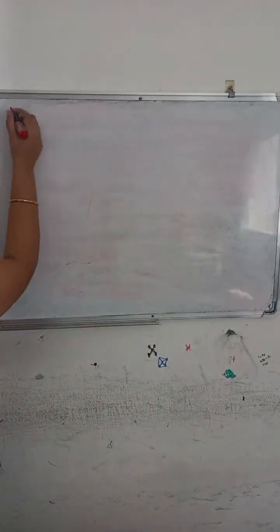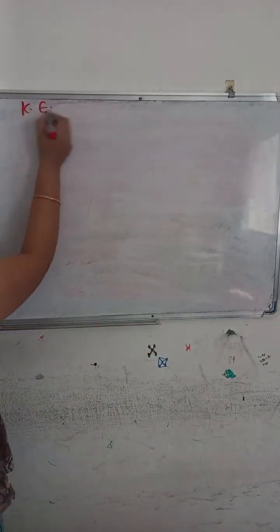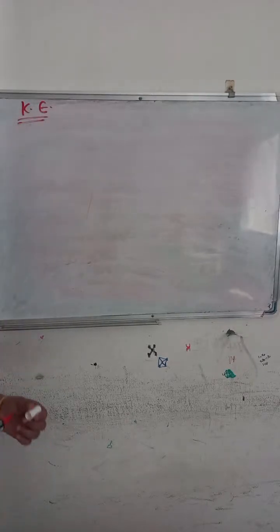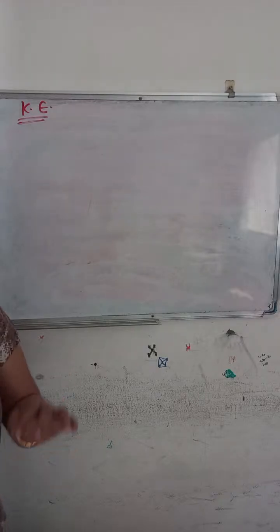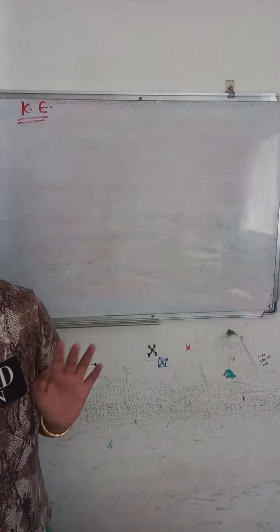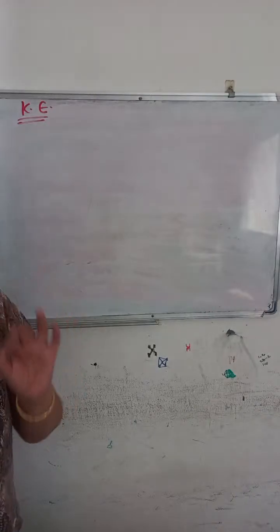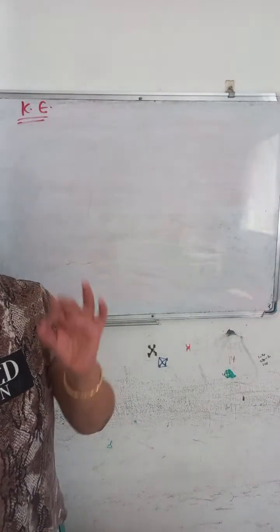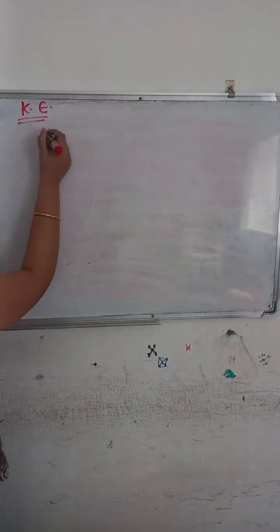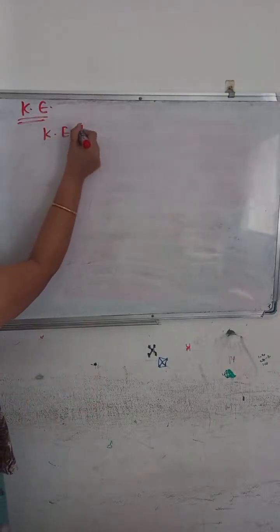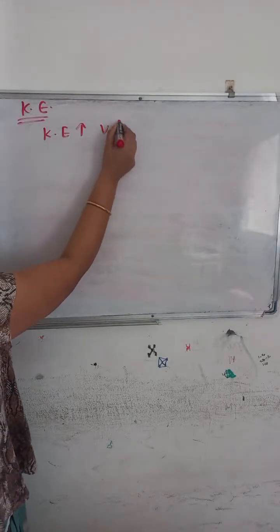Now the next heading is kinetic energy. What do you mean by kinetic energy? Kinetic energy is possessed by any body that is in motion. Very important thing: whenever a body is in motion, that body always possesses kinetic energy, and always remember kinetic energy increases with increase in the velocity.